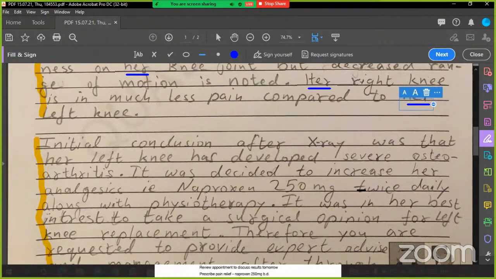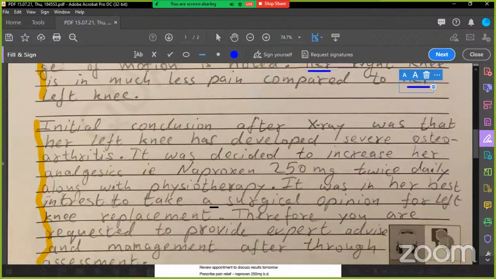So, an increased dosage of analgesics, naproxen 250 mg twice daily, was recommended, along with physiotherapy, or in addition to physiotherapy.